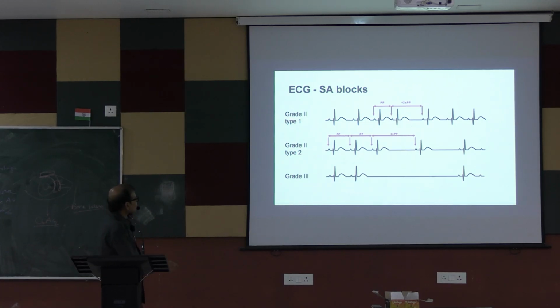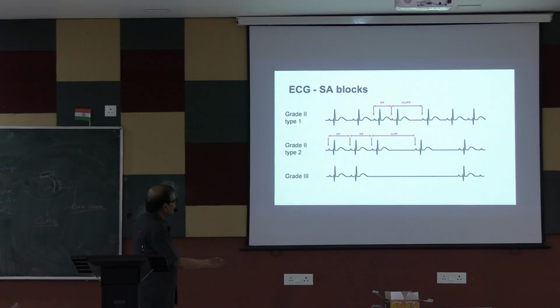In grade 1, you notice the gradual shortening of the PP, as I said. This is the P, this is the P, this is the P, this is the PP interval, this is the shortening of the PP interval.